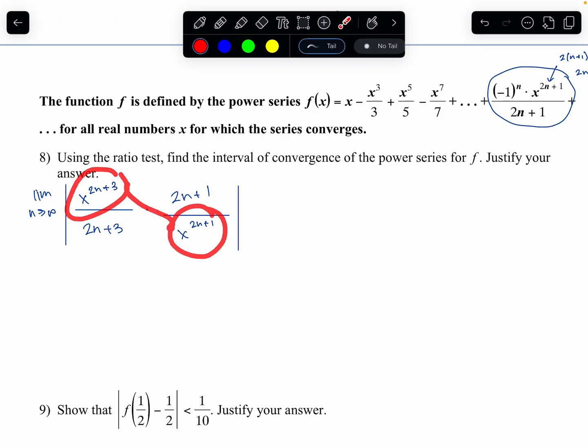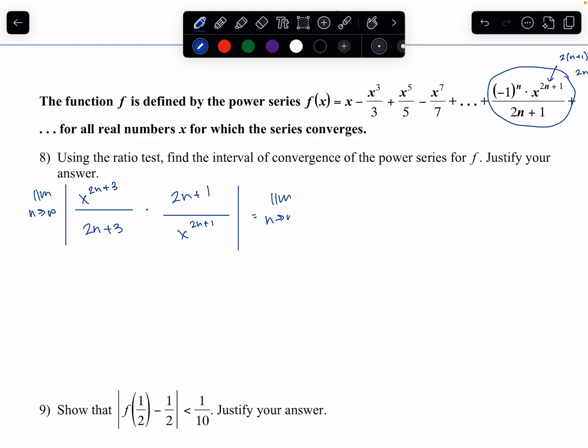This one should be pretty simple. So 2n minus 2n is going to be 0, and 3 minus 1 is going to be 2, so x squared. I'm going to have the limit as n approaches infinity of the absolute value of x squared times 2n plus 1 over 2n plus 3.